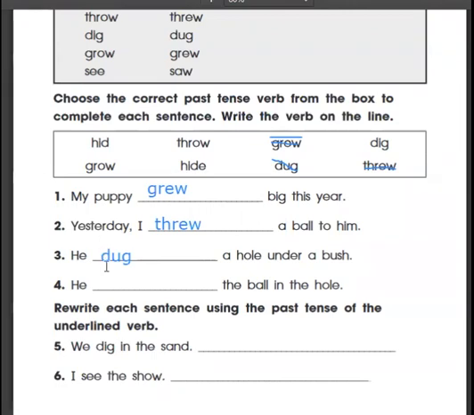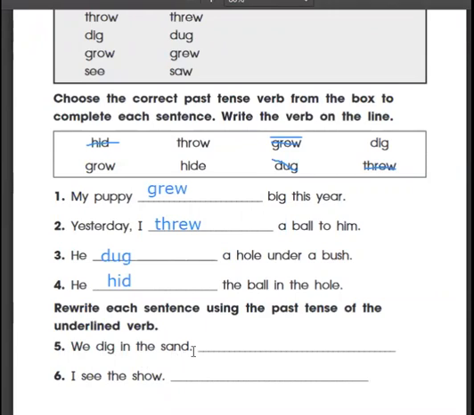In the past tense, we're going to say hid. H-I-D. And then I'm going to come up here and cross it out. So these are the past tense: grew, threw, dug, and hid. Excellent.